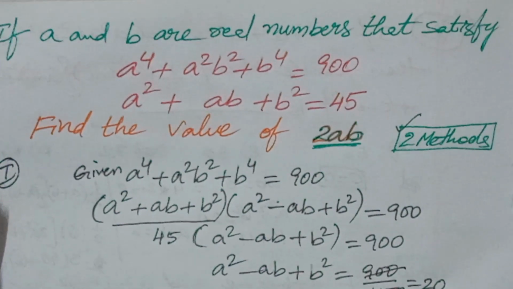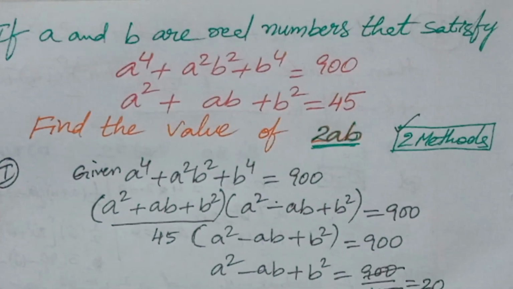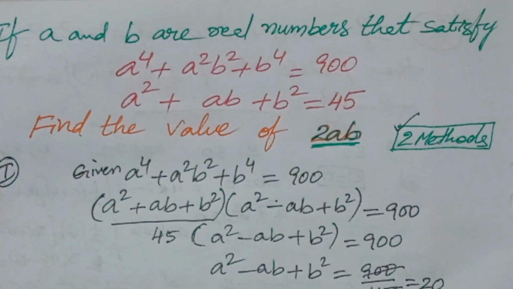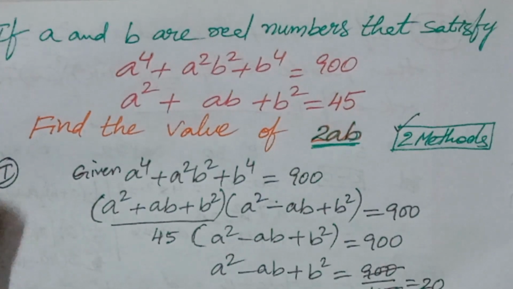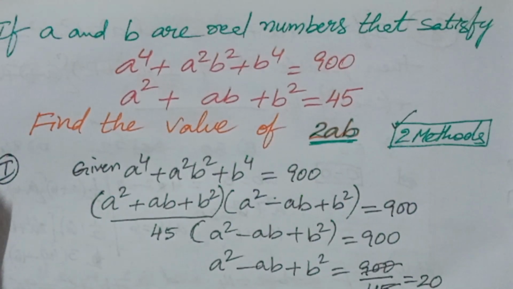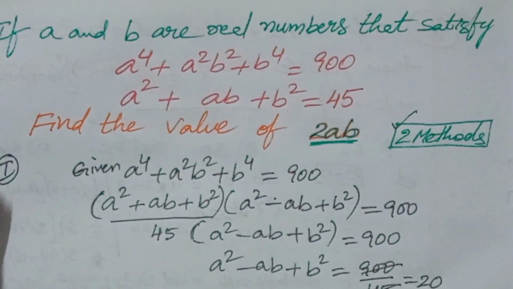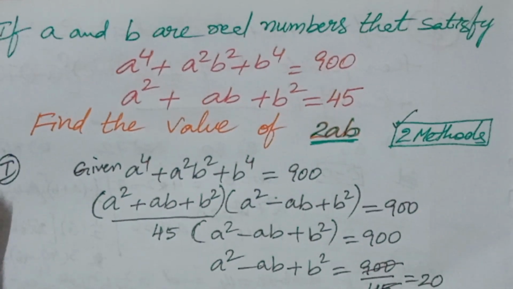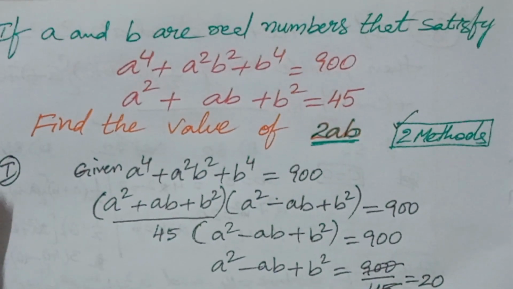Now he is asking to find 2ab. So here a square plus ab plus b square is equal to 45.